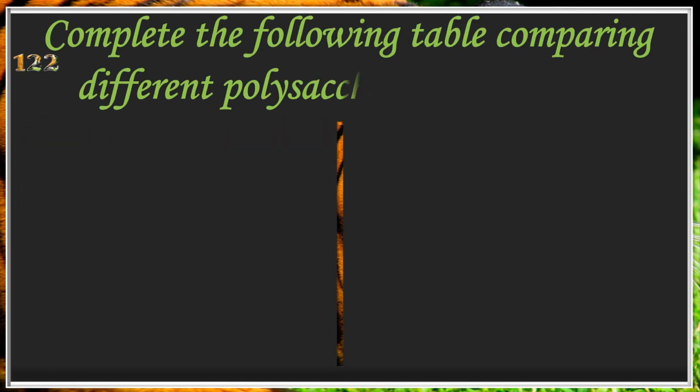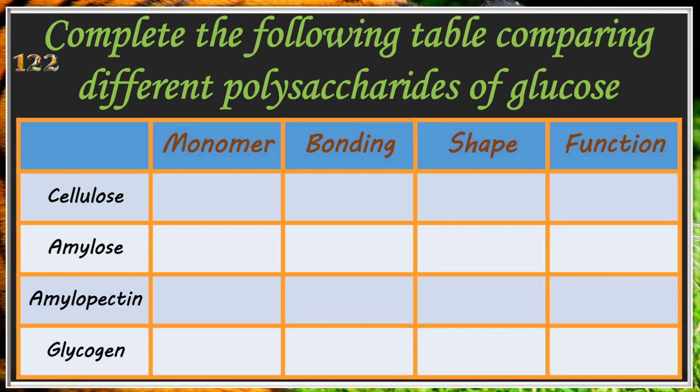Complete the following table comparing different polysaccharides of glucose. We have cellulose, amylose, amylopectin, and glycogen. We want to look at their monomers, bonding, shape, and function. Let's start with cellulose.